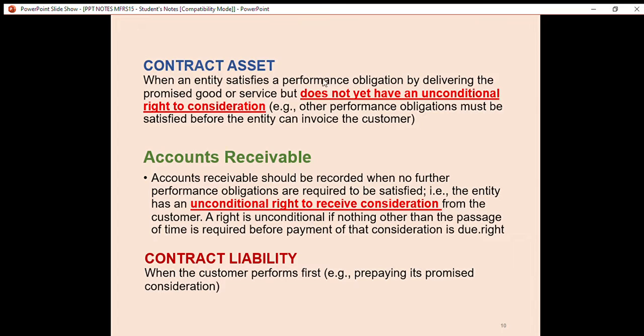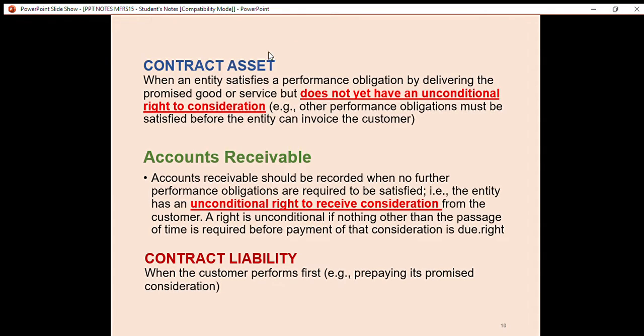We change "does not yet have unconditional right" into "it has conditional right to consideration". We change it to a positive sentence. I repeat.